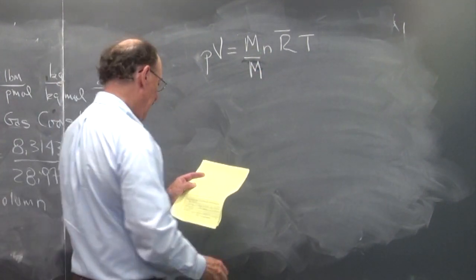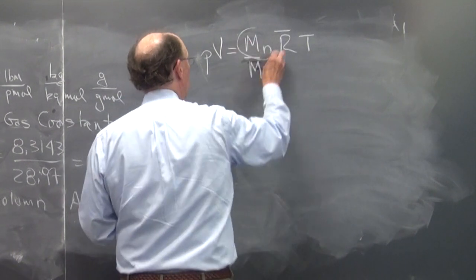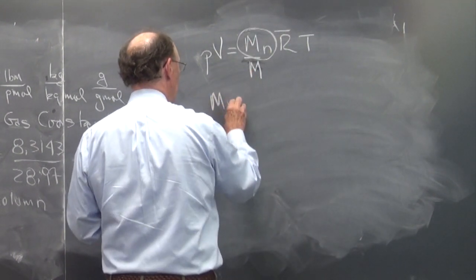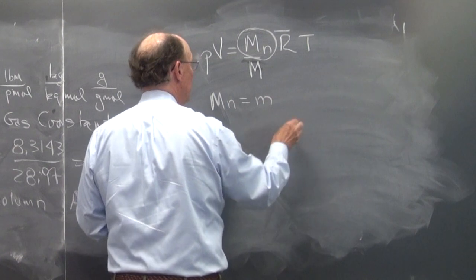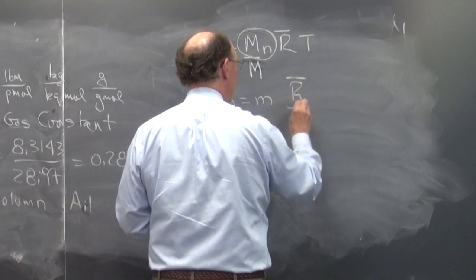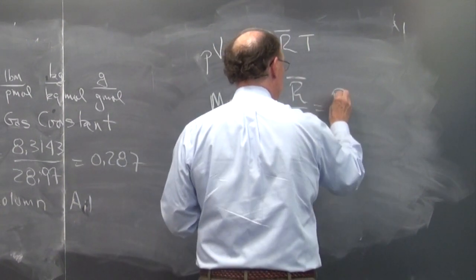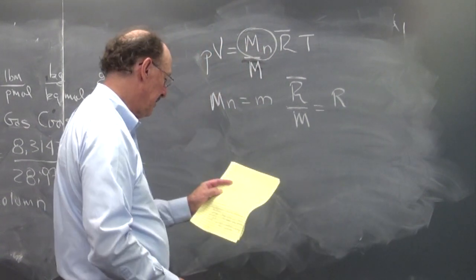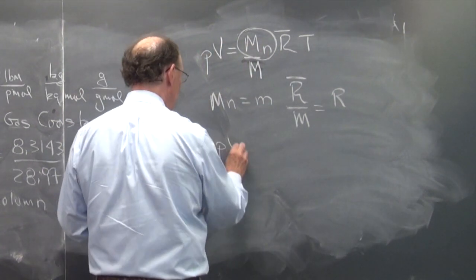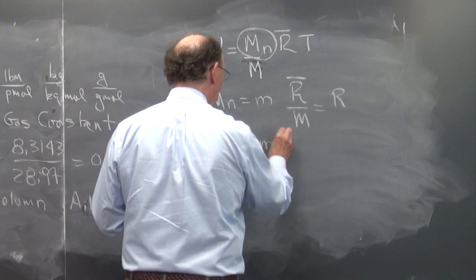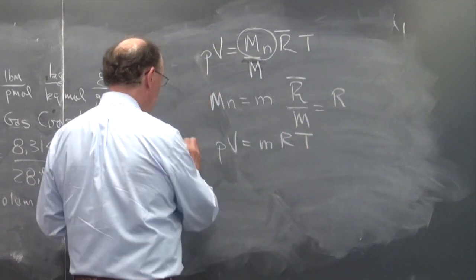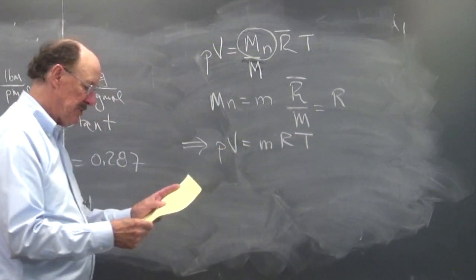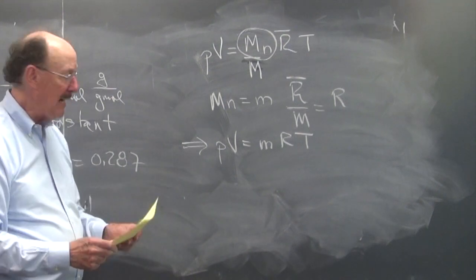So M times n is equal to the mass, R bar over M is equal to the individual gas constant, and so I come up with that PV equals mRT. And we tend to use this equation a lot.